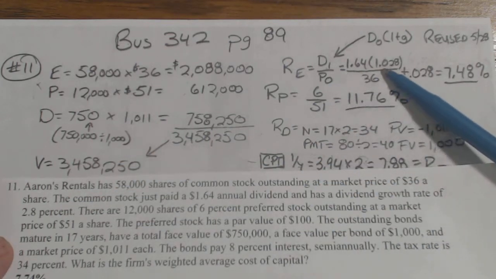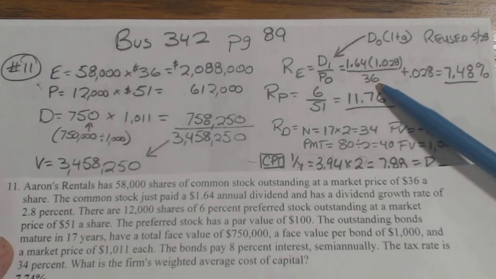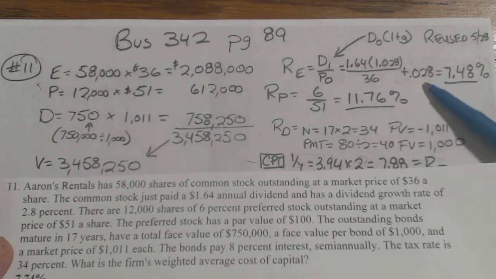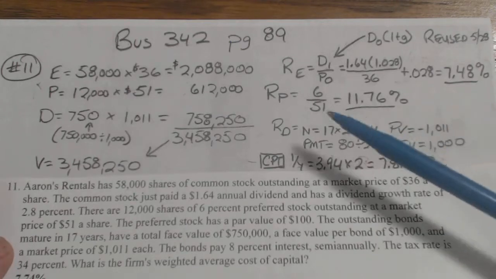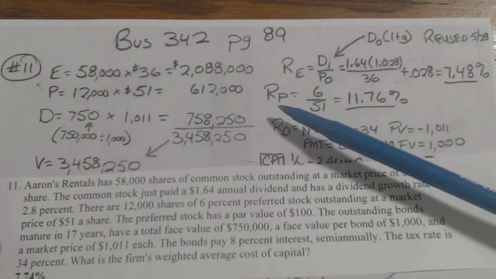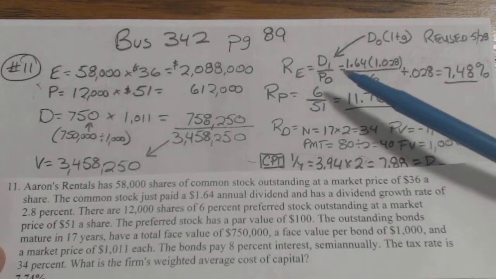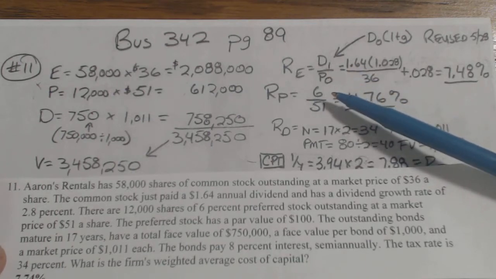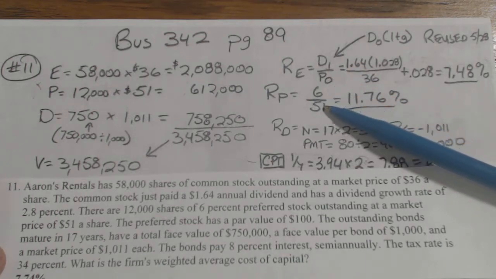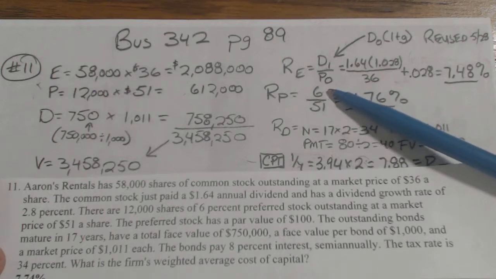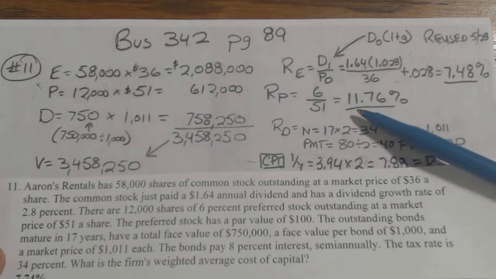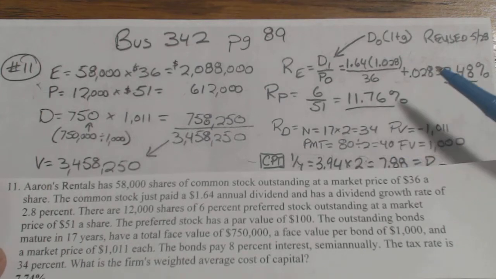So $1.64 times 1.028 over 36, plus the growth rate, gets you the RE of 7.48. The RP is simply the dividend, because there is no growth rate on a preferred, it's just a constant dividend, over the existing market price. The dividend is 6% based on a par value of 100, so $6 over 51 equals 11.76%.